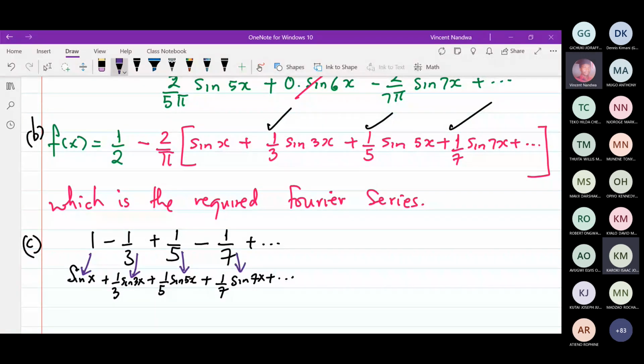So the question is, what value of x can produce this?